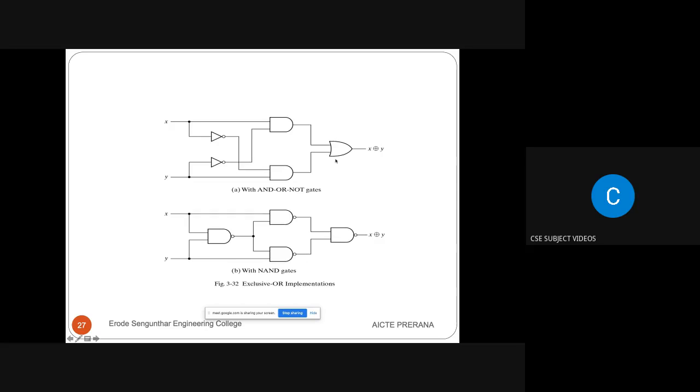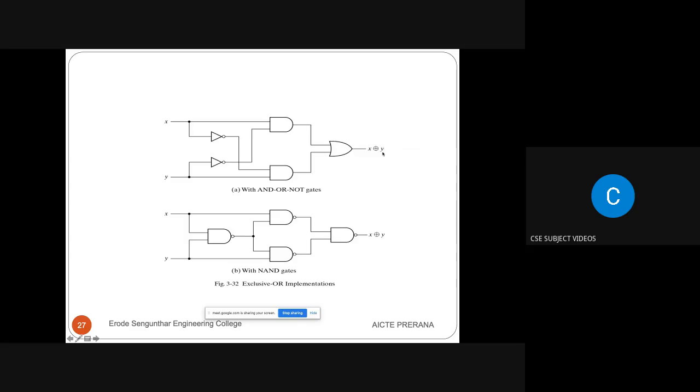So this is the NAND gate implementation for this expression only, but we have to convert the half adder into NAND gates.